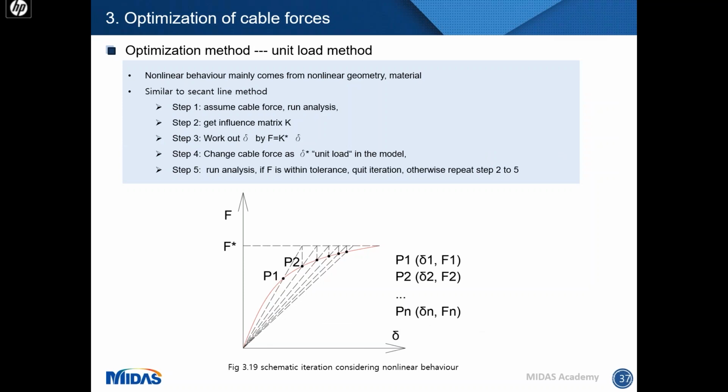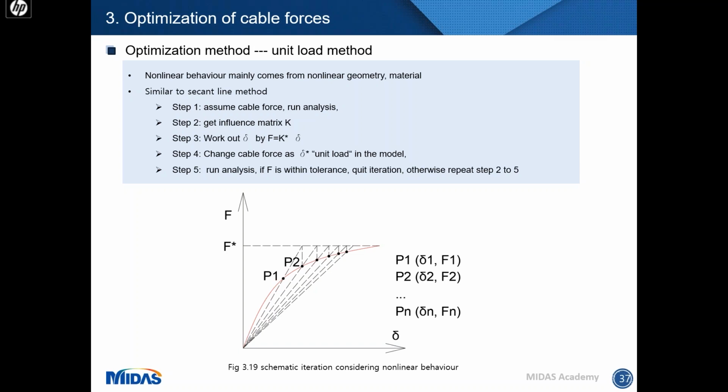The last part I want to mention is the nonlinear behavior. For cable-stayed bridges, especially large span ones, we cannot ignore the nonlinear behavior because it might come from geometry.